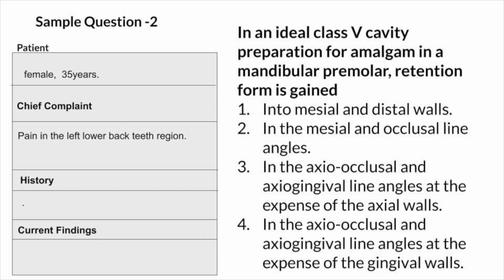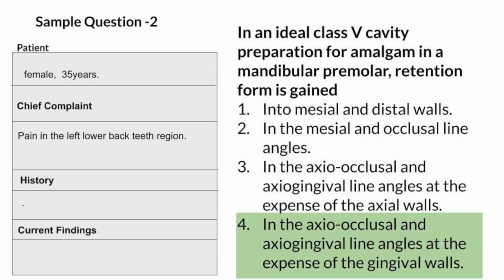In an ideal Class 5 cavity preparation for amalgam in a mandibular premolar, retention form is gained in the mesial and the distal walls, in the mesio-axial and disto-axial line angles, or in the axio-occlusal and axio-gingival line angles at the expense of the axial wall, or in the axio-occlusal and axio-gingival line angles at the expense of the gingival walls.